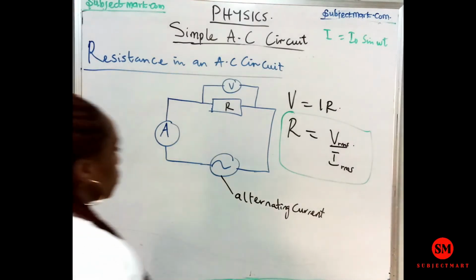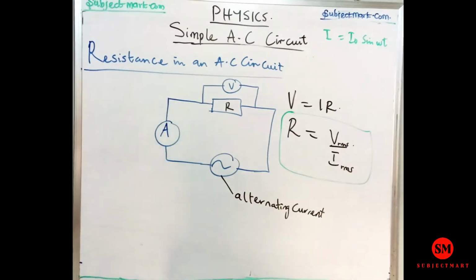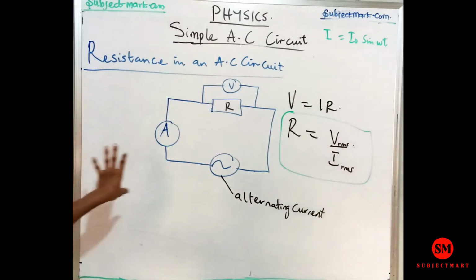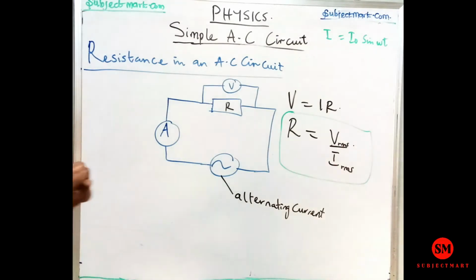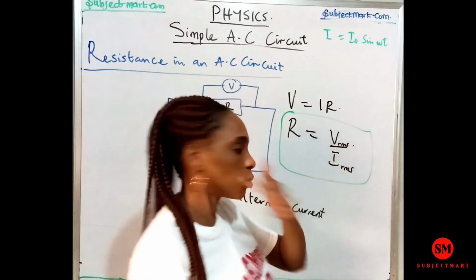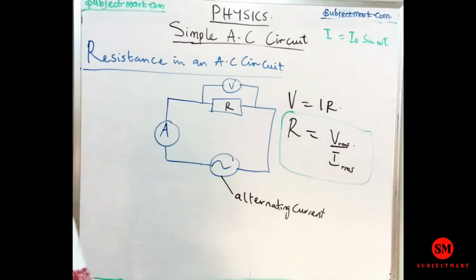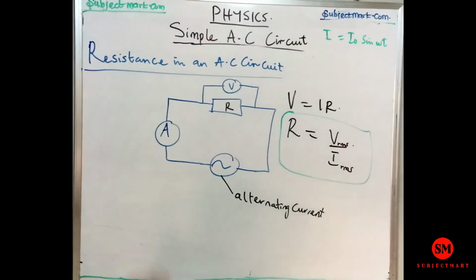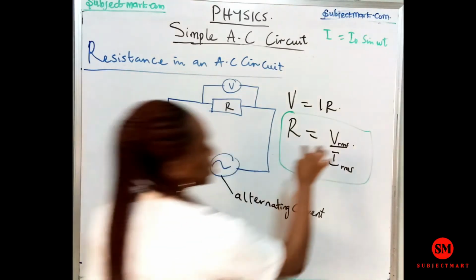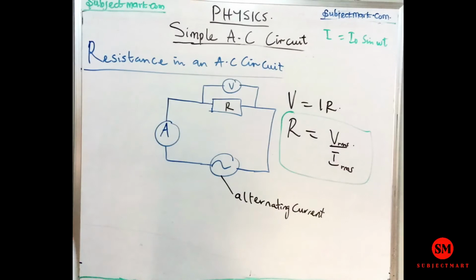And I also want us to take note that in an AC circuit with resistance only, we have the maximum value of the current, and at the same time we have the maximum value of voltage. So the current and the voltage are both maximum.